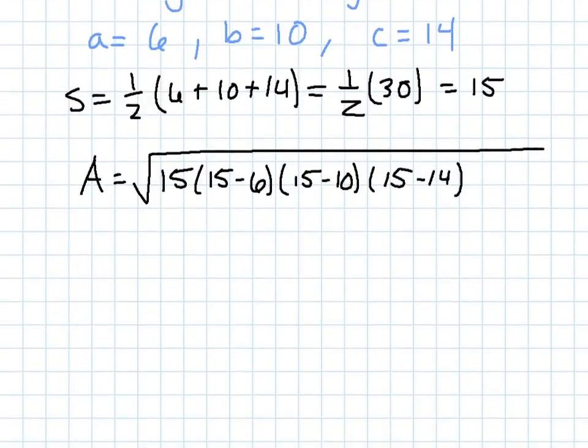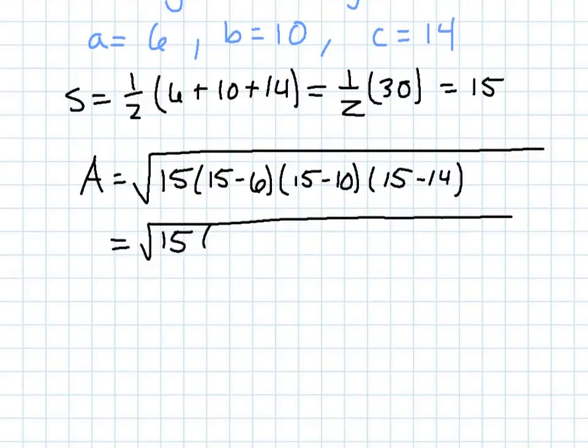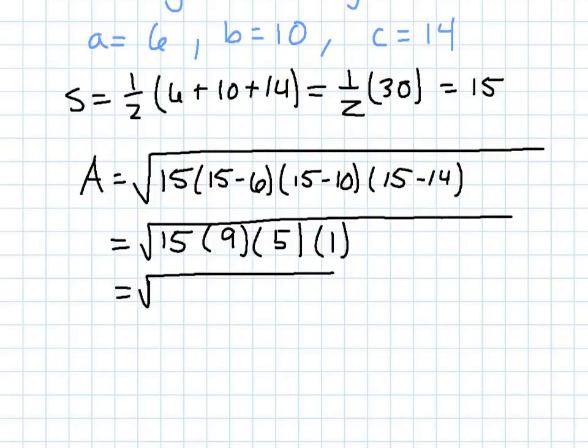So now, reducing that, 15 times 15 minus 6 is 9, and then 15 minus 10 is 5, and then 15 minus 14 is 1. Okay? So then here I have 15 times 45.